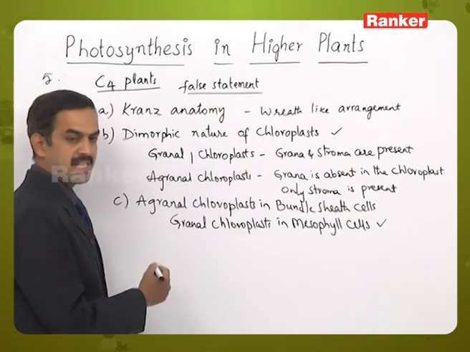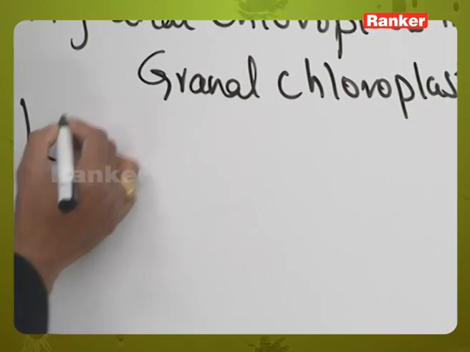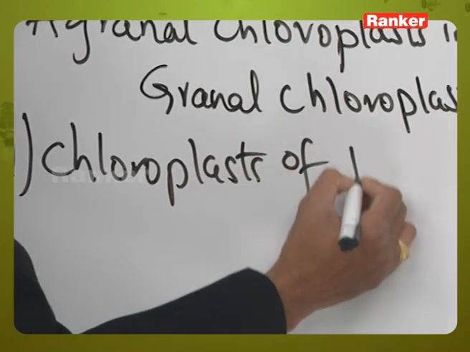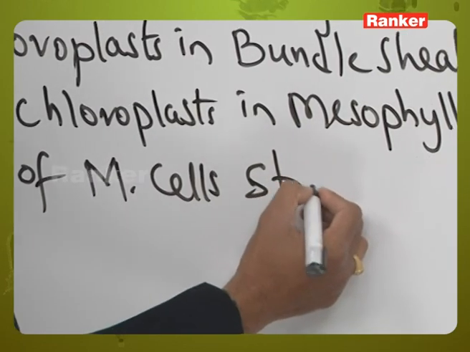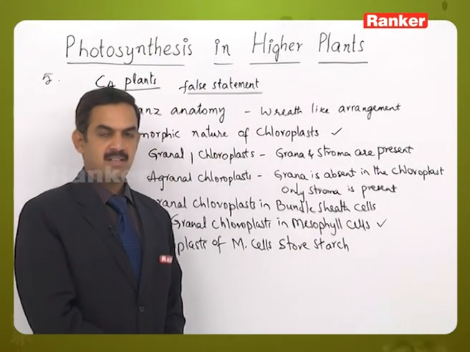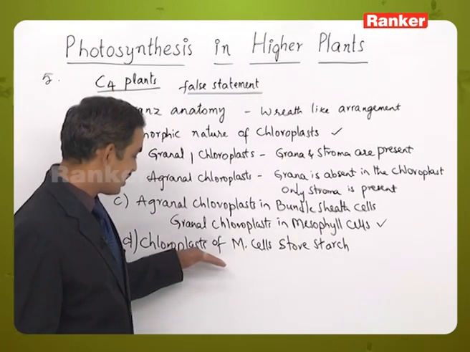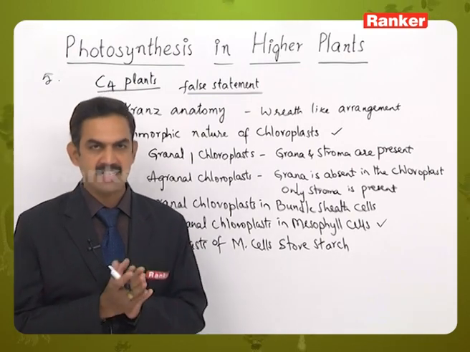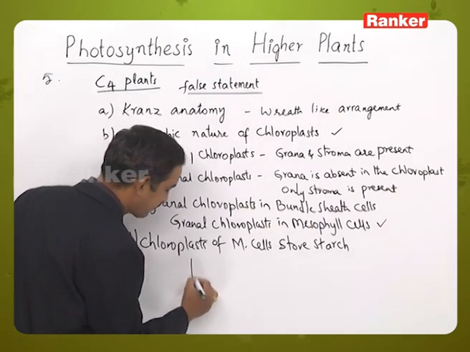Then coming to D. Chloroplasts of mesophyll cells store starch. Actually the steps start in the mesophyll cells in C4 plants, where carboxylation takes place.